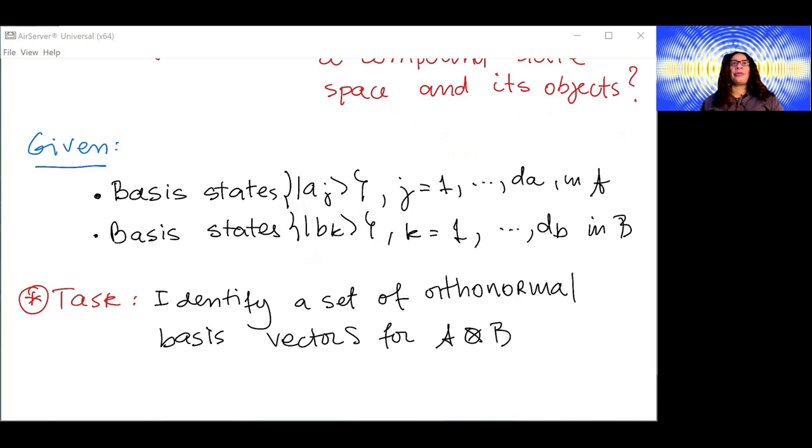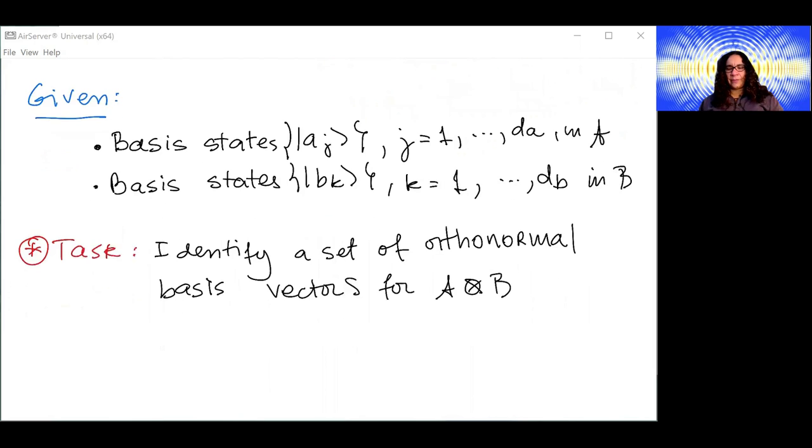These are orthonormal when we are considering a discrete basis, but the same holds for a continuous basis too.